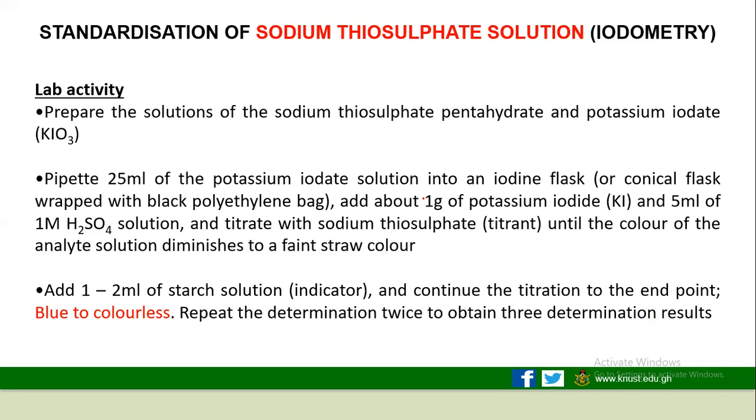And add about 1 gram of potassium iodide and 5 ml of 1 molar H2SO4 solution, and titrate with sodium thiosulfate titrant until the color of the analyte diminishes to a faint straw color. Add 1 to 2 ml of starch solution as indicator and continue the titration to the end point, blue to colorless. Repeat the determination twice to obtain the determination results.